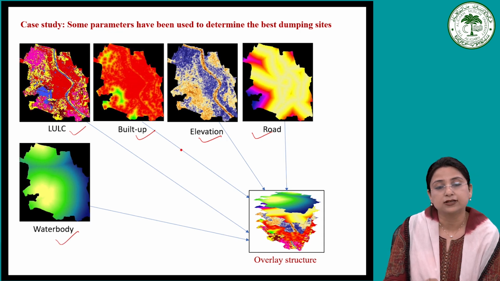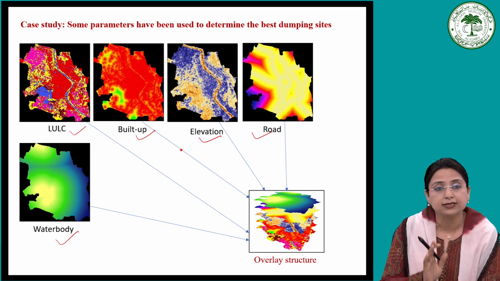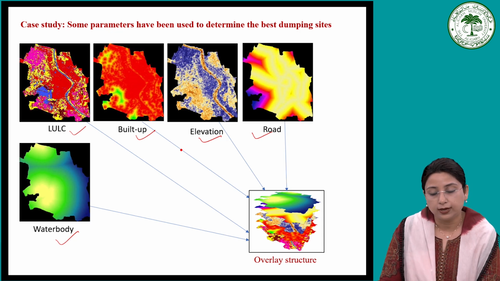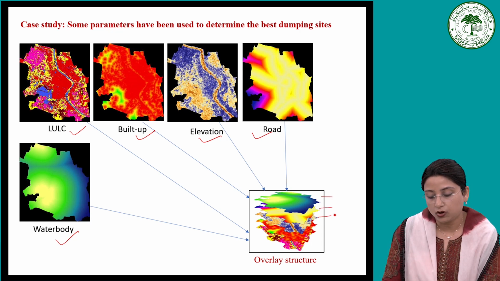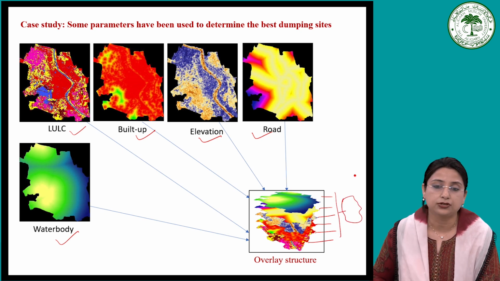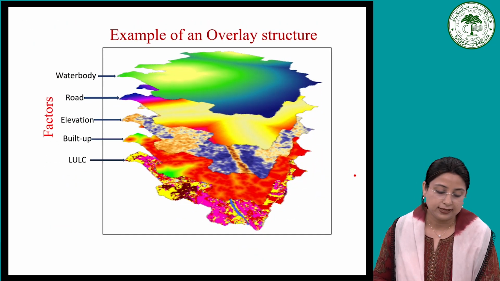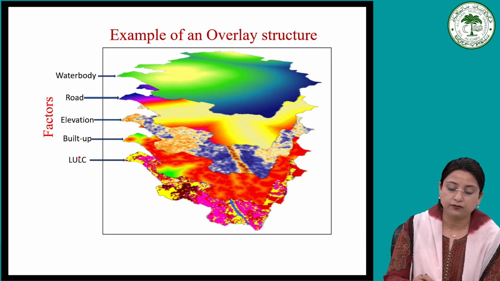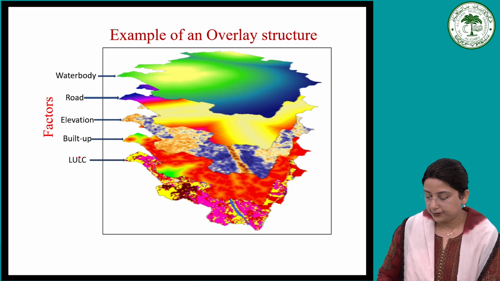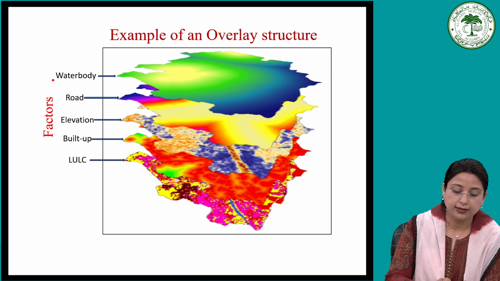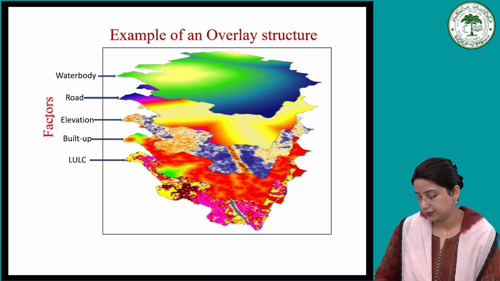These are the factors or input layers to be considered for this overlay. Then we can integrate and combine all these layers in order to get suitable information on the basis of the set criteria. Overall you can see all these layers have been overlaid and combined together. The input layers are the factors which we have considered.